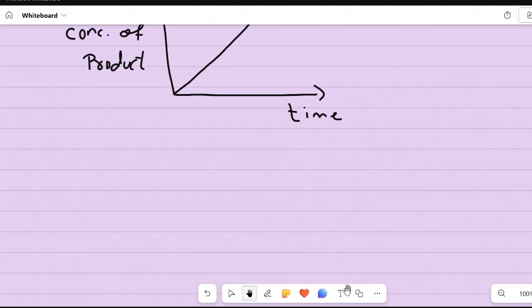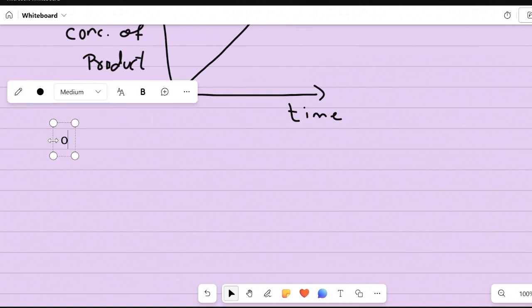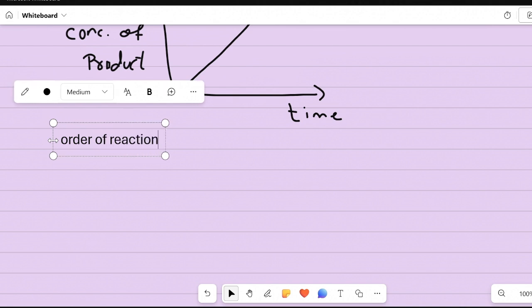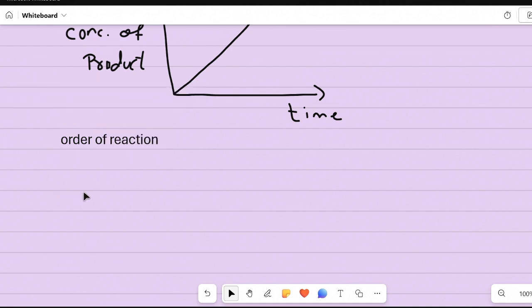Now the next part, order of the reaction. What is the order of a reaction and why is it different from the rate of the reaction? There are different kinds of order of a reaction, but before moving on to that, we need to explain what an order of a reaction is. Different reactants and their concentrations affect the rate in different ways.